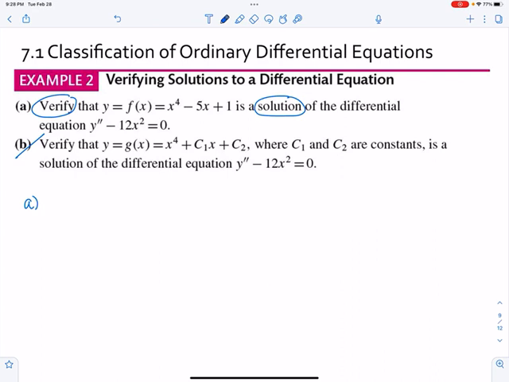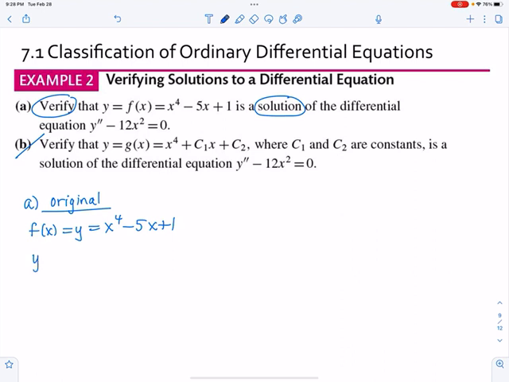I'm going to do this in like 3 steps. I am going to start with the step of starting with the original. So I'm going to start with the original function that is given, that f of x. I'm going to write it as equals y. I'm going to reverse it. Then I have x to the 4th minus 5x plus 1.